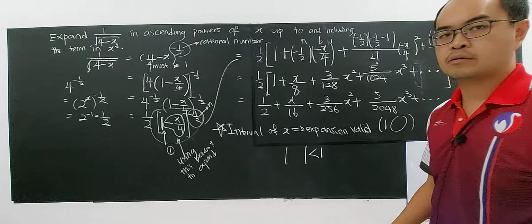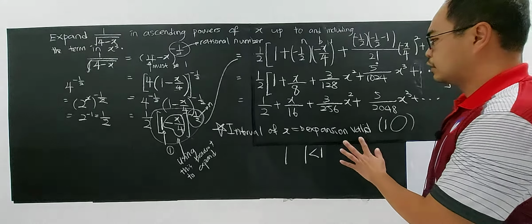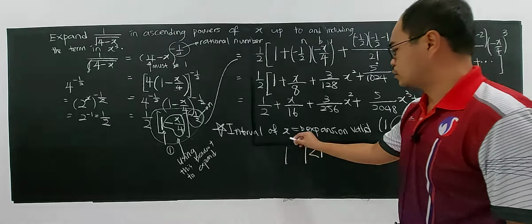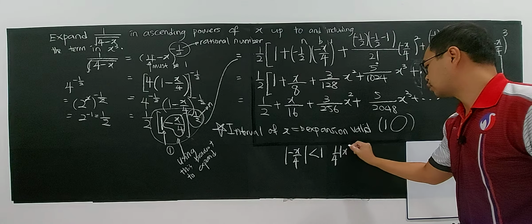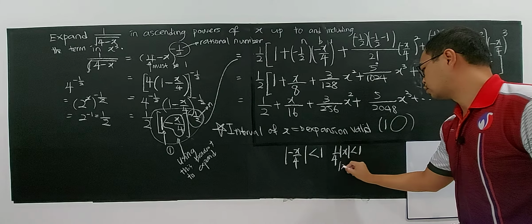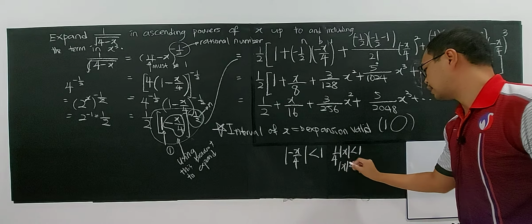This is the condition, the interval that they want. So the modulus of this term, negative x over 4, must be less than 1. The modulus of negative 1 over 4 is 1 over 4. Modulus of x is less than 4 times 1, which is 4. Therefore the interval for which the expansion is valid is between negative 4 and 4.